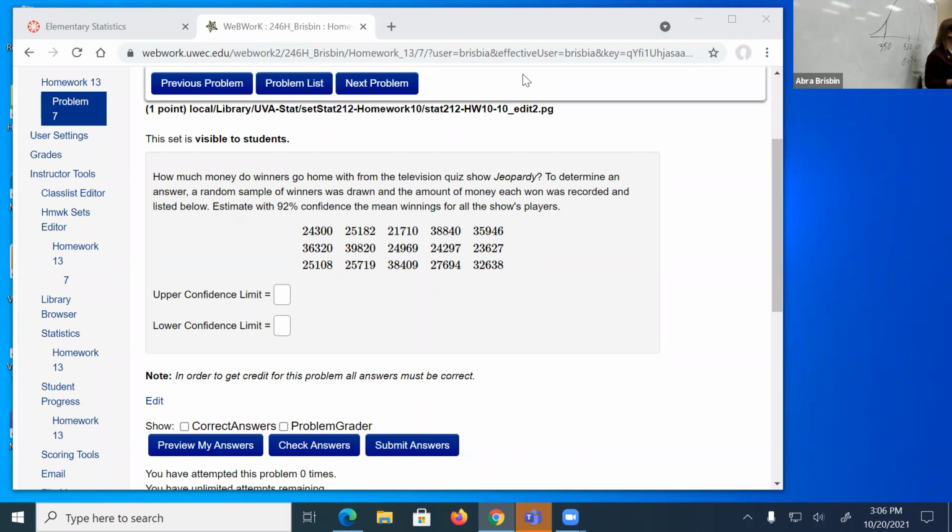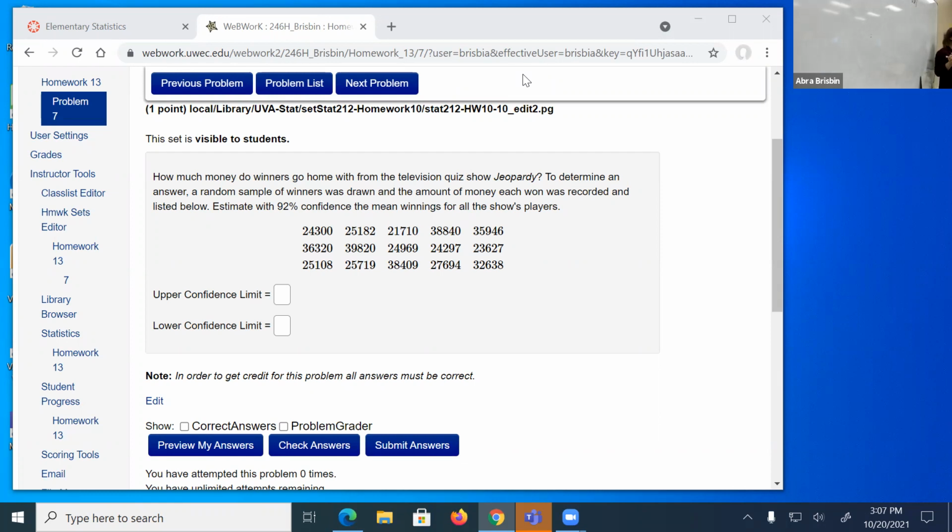So to do this, we're finding a confidence interval for a mean. What calculator function should we use for that? A t-interval. So when you're using the t-interval, you have 2 choices about how to go about this.